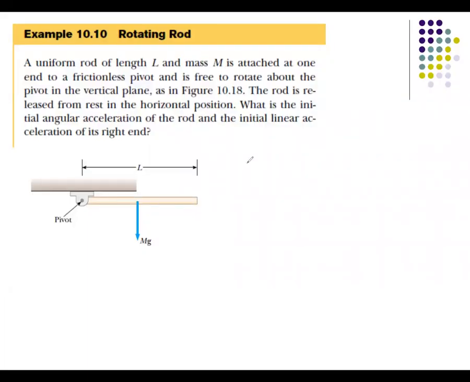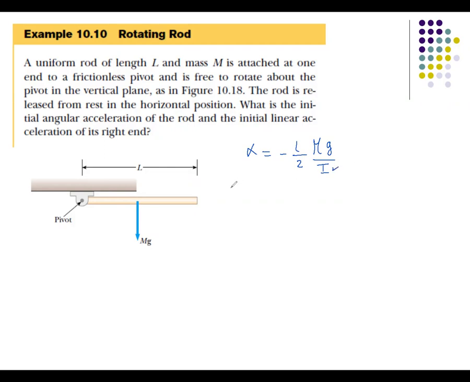So finally we can write alpha equals minus L over 2 mg divided by I. Here, what about I?